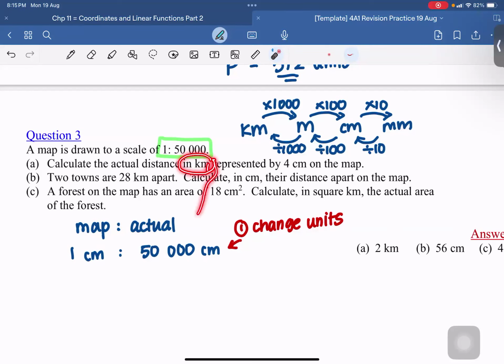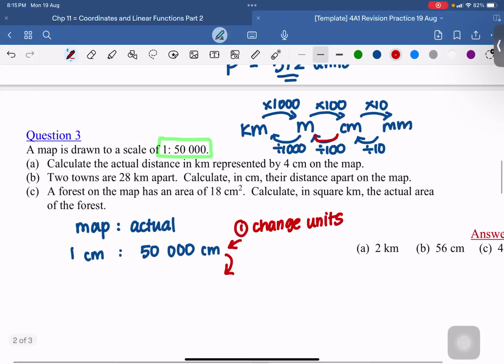That means they want the units over here to change to kilometers. So I'm going to change this to kilometer. Cm to meters divided by 100. Meter to kilometers divide by 1,000.